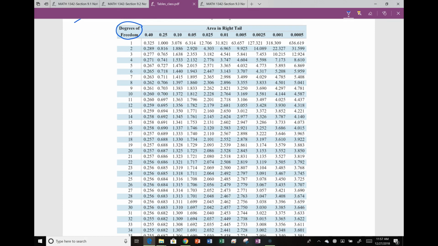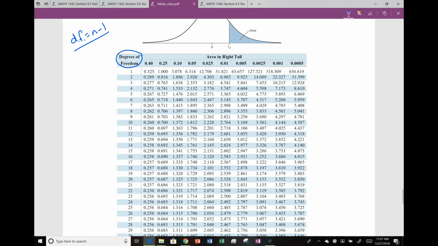If we need a negative value, the t-distribution is also symmetric, so you can fold it over upon itself. Basically these values are the absolute values, so we make them negative or positive based on whether we have a left-tailed or a right-tailed test.